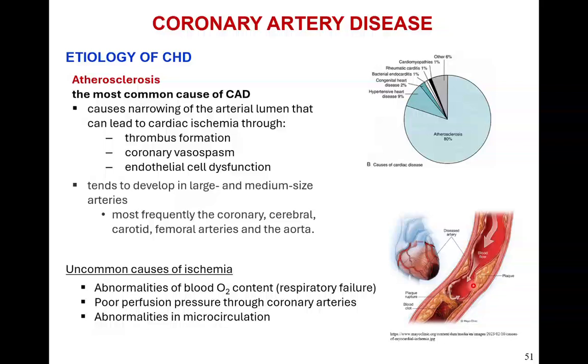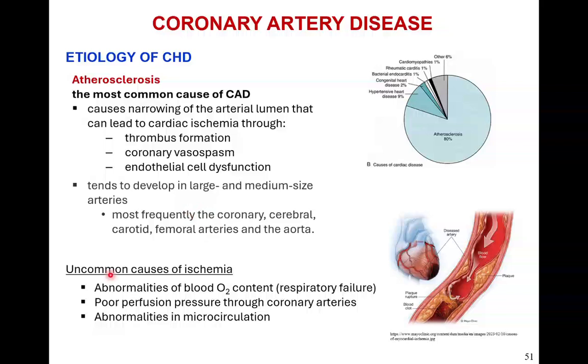You can also have a thrombus forming. Areas laden with plaque become stiff. They may undergo vasospasm. The endothelial cells may become non-functional. So all sorts of things can happen as a result of plaque formation. I've talked about where they tend to form; we went over this in the first lecture. So atherosclerosis is the most common cause of coronary artery disease.